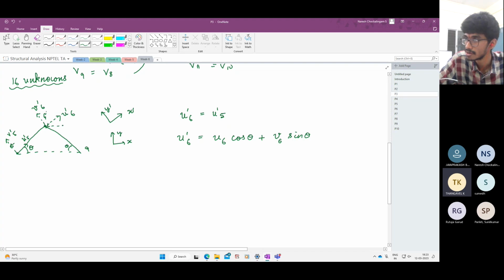If it moves U6 this way and V6 this way, and this angle is theta, you can find it directly. Similarly, you will have U dash 5 is U5 cos theta plus V5 sin theta. Now these two are equal. That is one constraint.